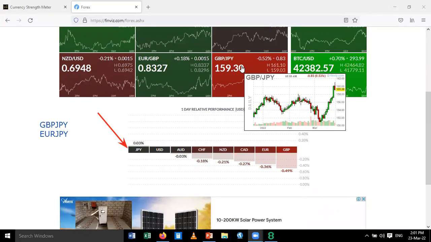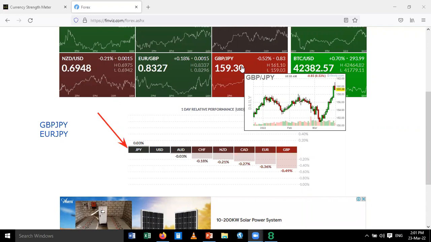Hello, I'm asking you a question. Looking at the strength of the currencies, am I going to buy GBP-JPY or am I going to sell it? Buy. Why do you say buy? Because if you buy at the minimum rate, you will sell higher.